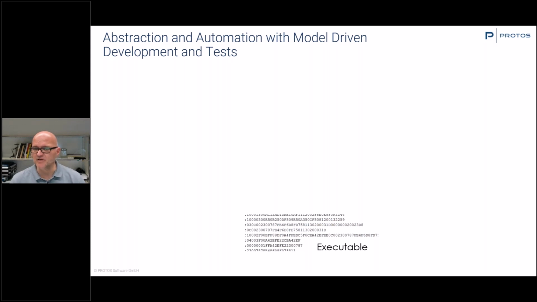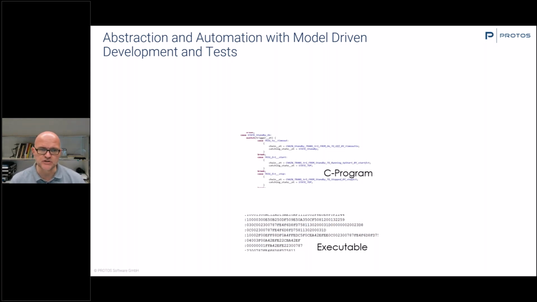But that's not something we can do very well. So we created abstractions like C programs, like higher level programming languages, for example, C, Java, and so on. And as human beings, we already can work on that level. But we still explain step by step what the processor needs to do. It's still a description of the functionality and not of what we actually want.